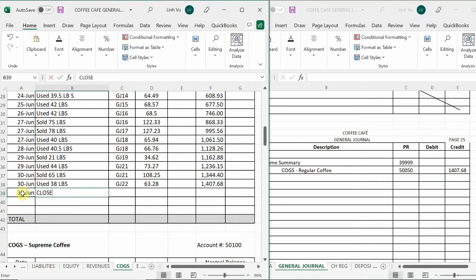We're going to close out General Journal 25 now because we're on a new page for the 1407.68. And that should bring your account balance down to 0.